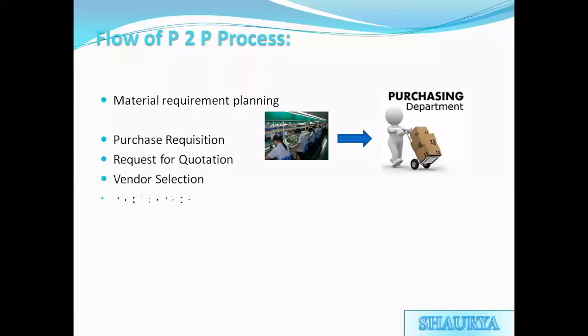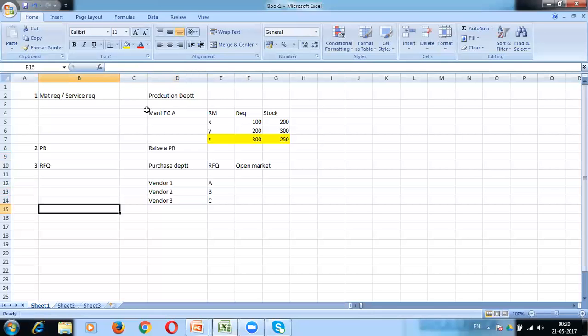What is next? Vendor selection. Now the purchase department will select the vendor in consultation with the user department and finance department. Suppose the department selects vendor 2, or vendor B. Now there is a question: on which criteria, on which basis, can we select a vendor?